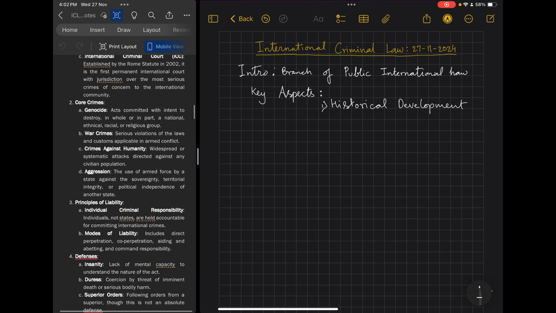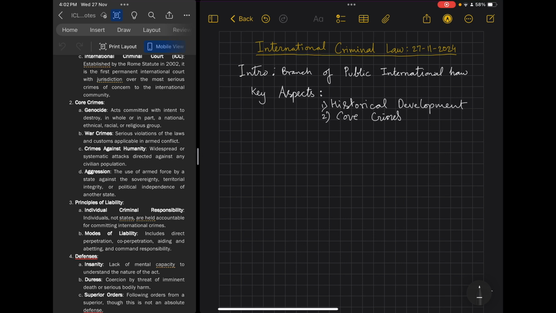Okay. Then second comes the core crimes. Genocide, war crimes, crimes against humanity, and aggression. So what is genocide? Acts committed with intent to destroy in whole or in part a national, ethnical, racial, or religious group. So genocide is mass killing, like what Hitler did. War crimes, serious violations of the laws and customs applicable in armed conflict.